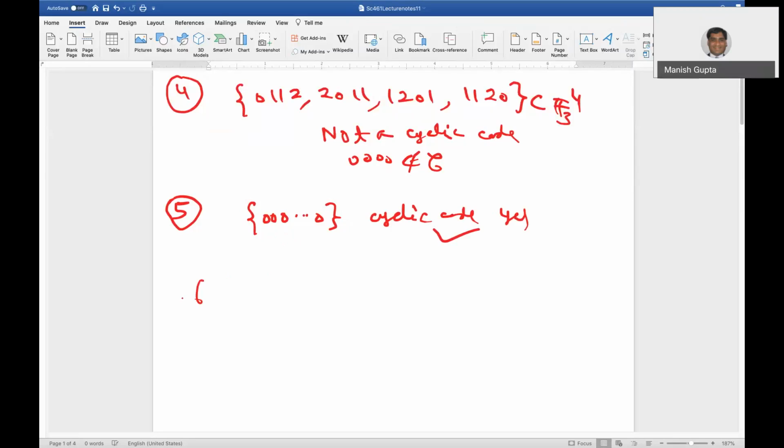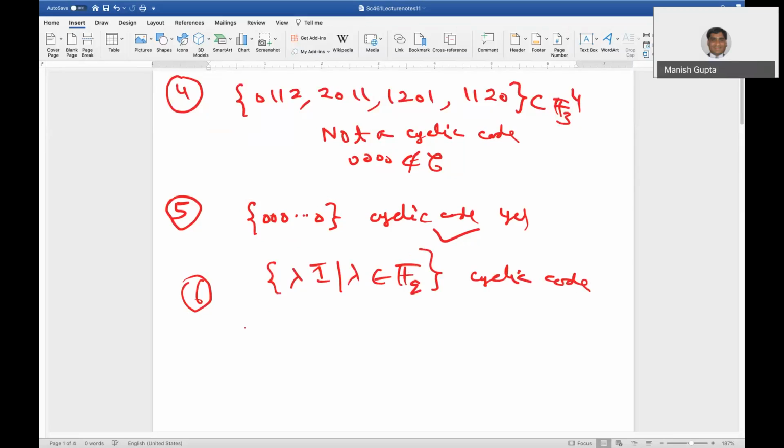Another example we can take: the code generated by the all-one vector, lambda times all-one vector, where lambda belongs to Fq. This is also a cyclic code.